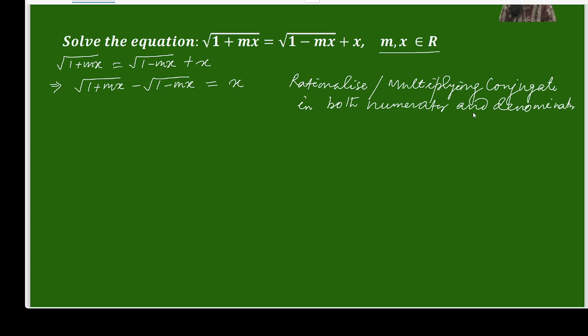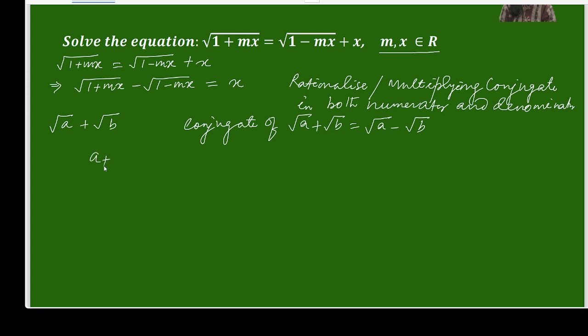We know all these things, I only want to recall it again. Suppose square root of A plus square root of B; its conjugate is square root of A minus square root of B. Why is it called conjugate?